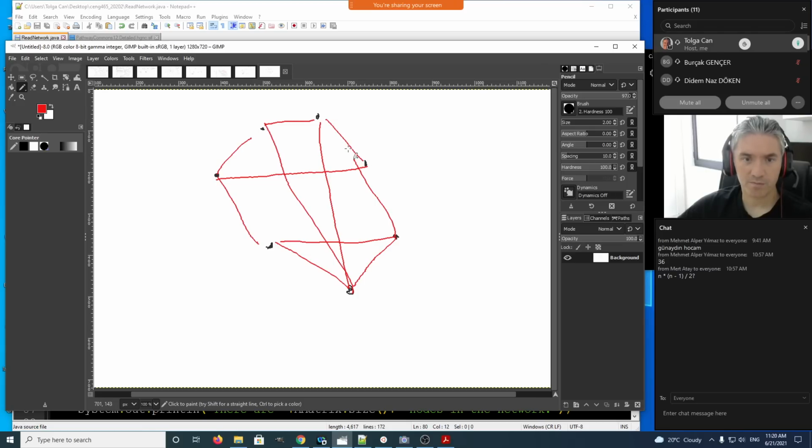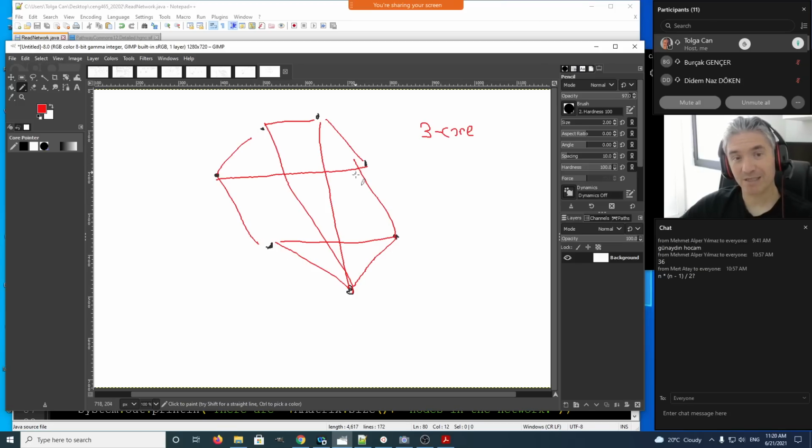Now, this one has 4 connections, that's okay. You may have more connections, but the minimum number of connections of the nodes in this graph is 3. So this becomes a 3-core, okay?